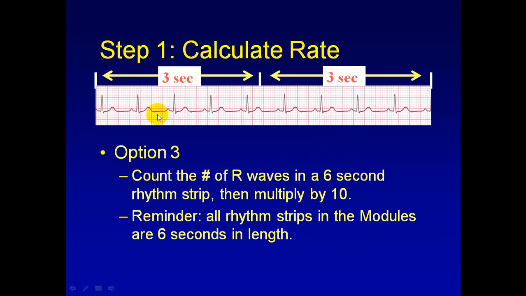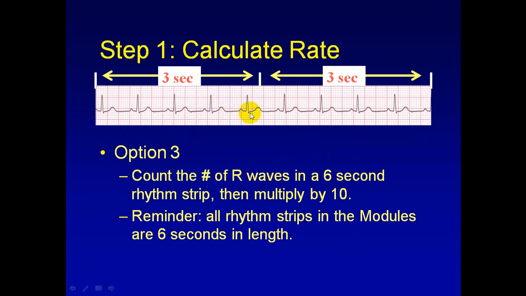So count 1, 2, 3, 4, 5. Here we count the large boxes, 1, 2, 3, 4, 5, 6, 7, 8, 9, 10, between the RR waves until 15 boxes. This is 15 boxes, 3 seconds, times 20. 1, 2, 3, 4, 5 times 20 is 100 minus some small squares, so it is 95.